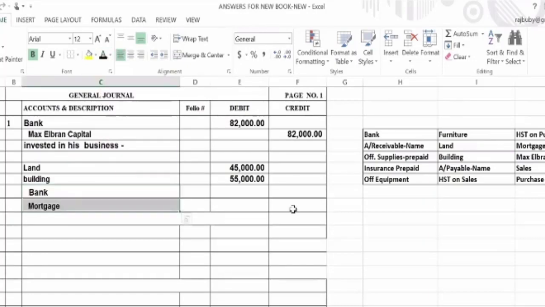The mortgage is credit, and bank is credit. Land and building, they are debit. Yes, land and building.